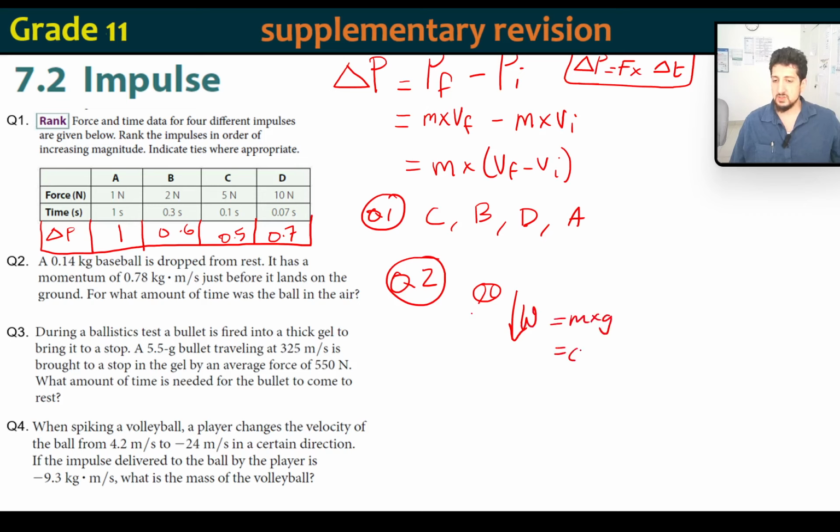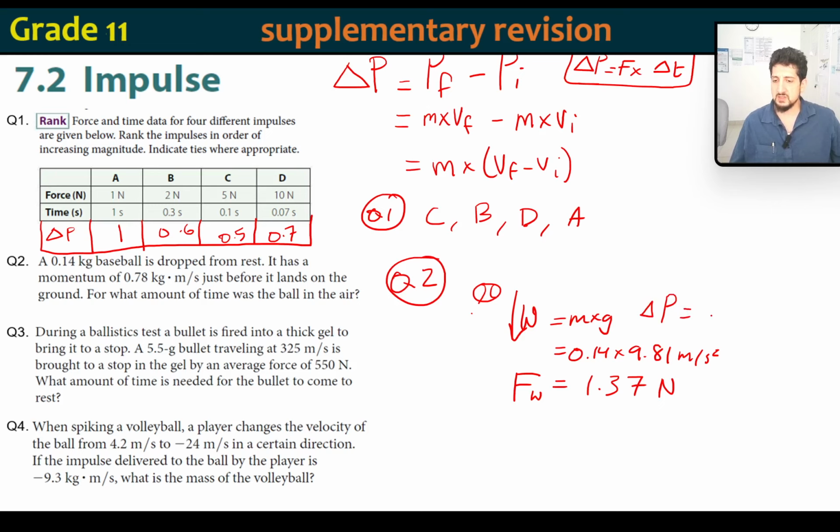So the weight force is going to be equal to 0.14 multiplied by 9.81 meters per second squared. So the weight force is going to be approximately 1.37 newtons. So now we have the weight force, which is the force, and we also have the change in momentum, because it says it's dropped from rest.